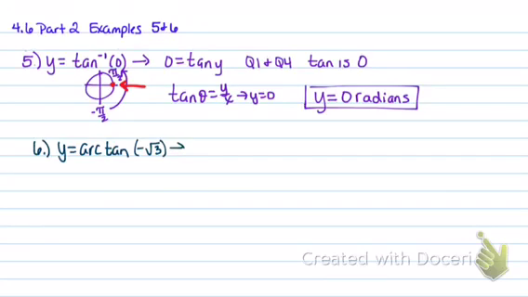All right, so this means that the negative square root of 3 is equal to tangent of what angle? Well, remember, inverse tangent, we're only looking in quadrants 1 and 4. And tangent is negative in which of those? Quadrant 4.